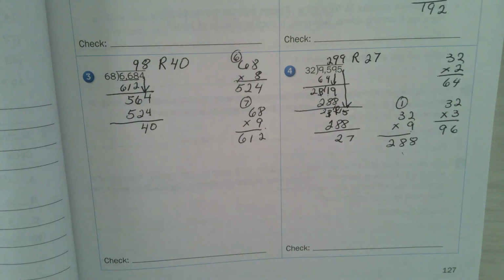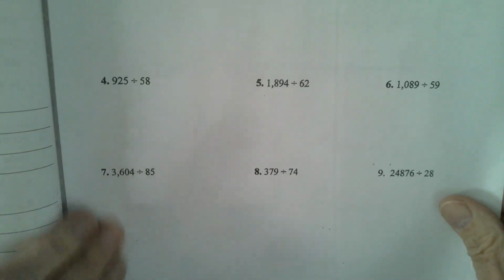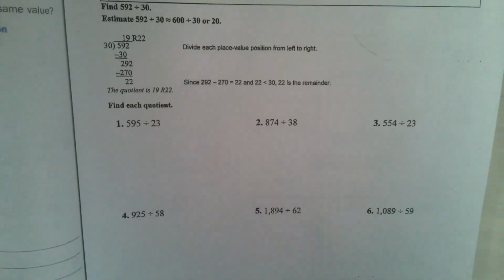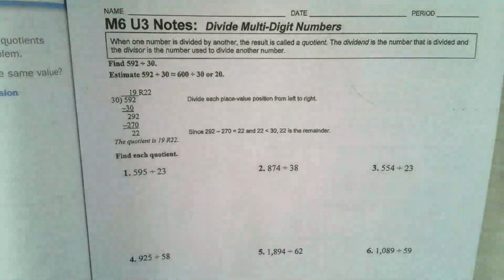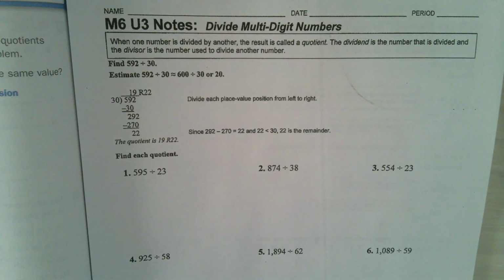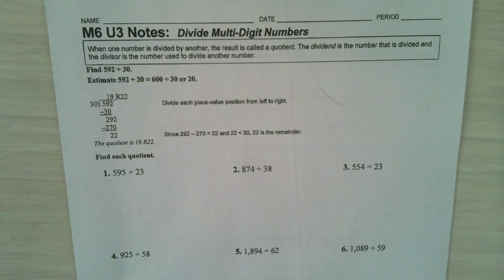Now, we're going to practice dividing more numbers, and some of them are going to be a little bit easier than these. So we're going to do this worksheet here. I'm going to give everyone this worksheet. All right, you should put up your math journals at this time, while I pass out this worksheet.